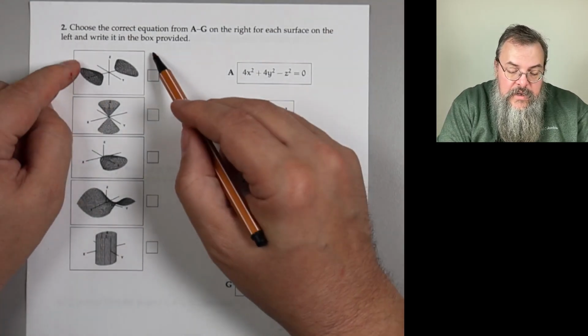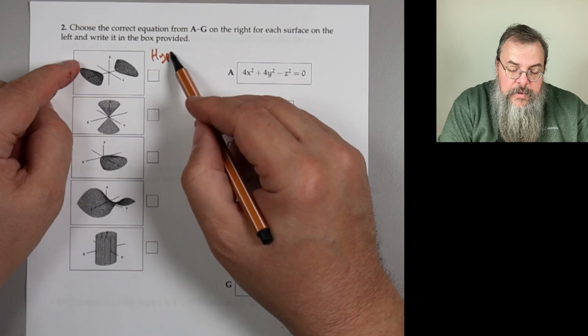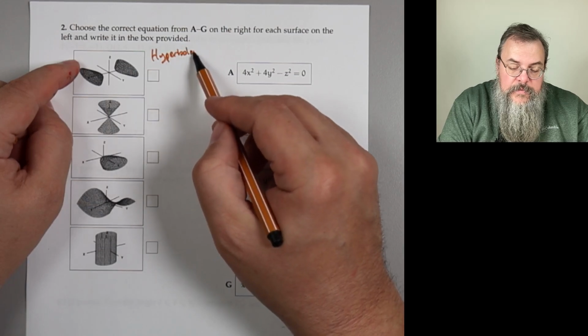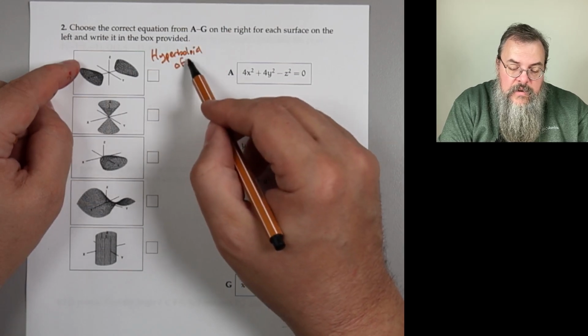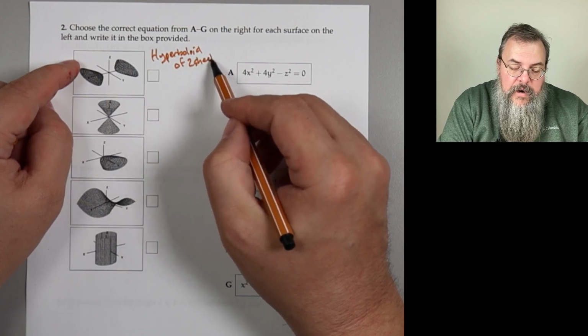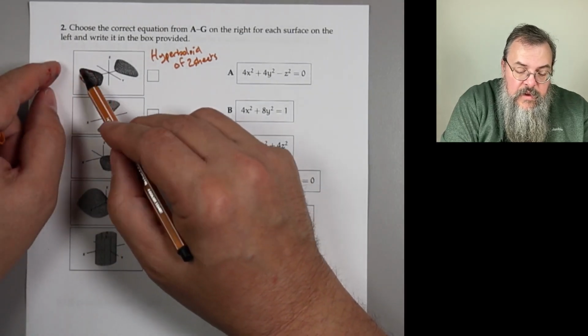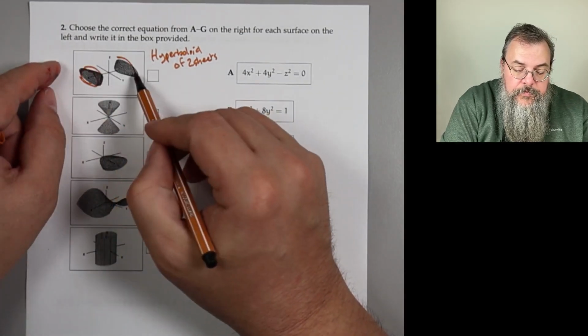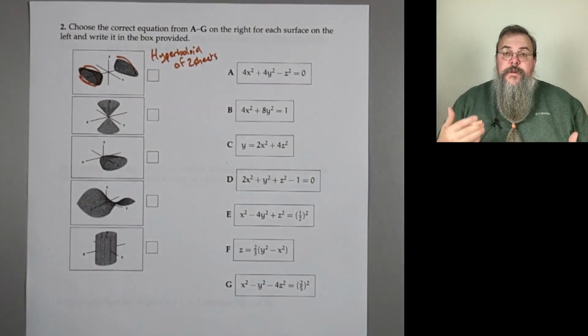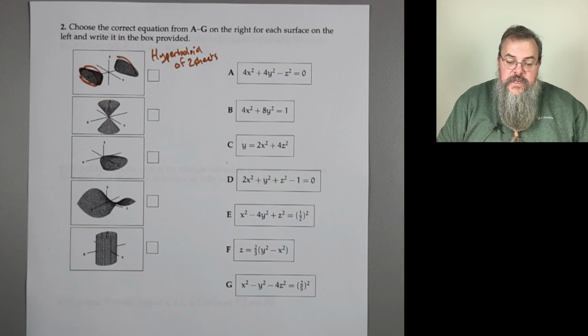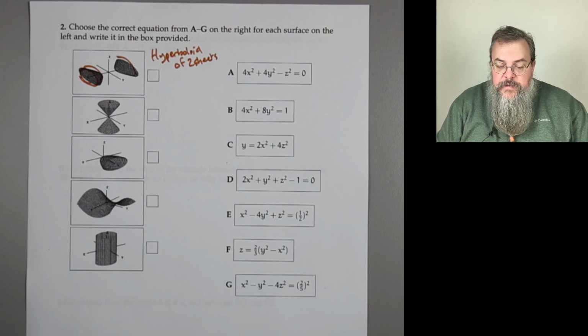Now here, this one needs to be a hyperboloid of 2 sheets, because it's the only part that's disconnected. And so we have these 2 pieces coming out. All right, so when we're looking for a hyperboloid of 2 sheets, there's certain combinations that we're looking for.